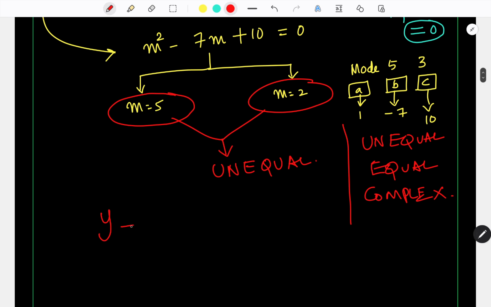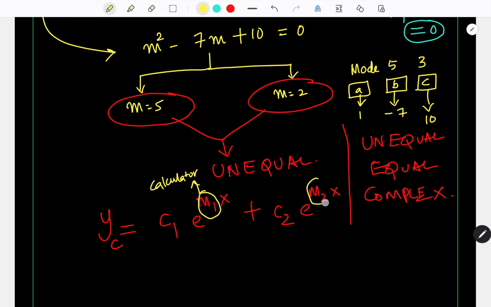So the complementary solution yc is equal to c1 e power m1x plus c2 e power m2x, with m1 and m2 from the calculator. So yc is equal to c1 e power 5x plus c2 e power 2x.